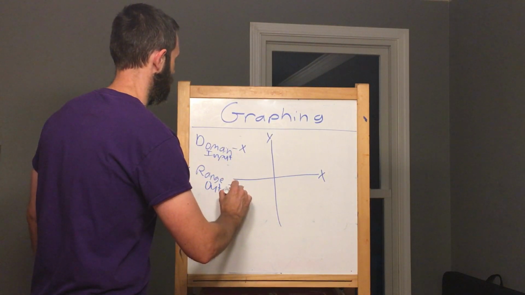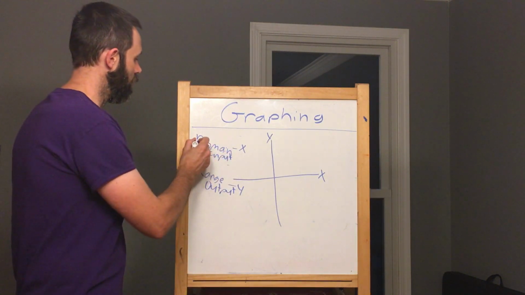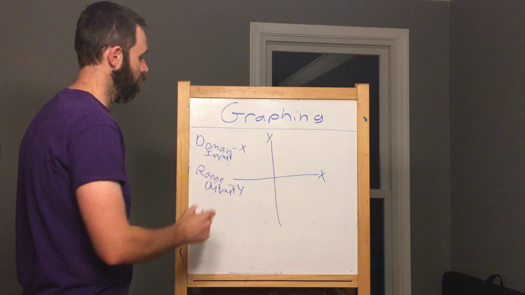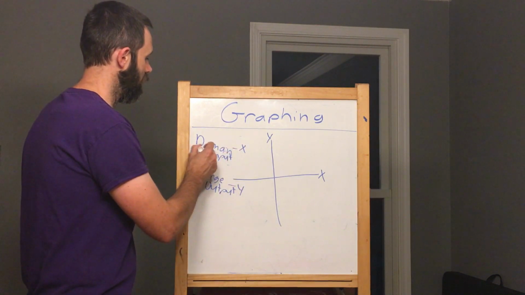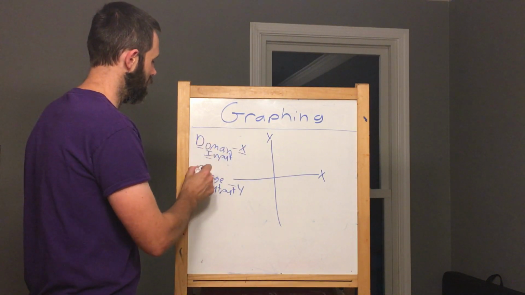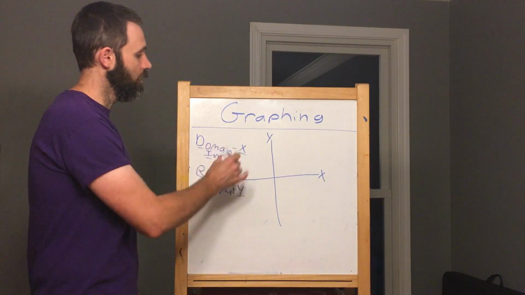Now, one way to help remember this is that this is in alphabetical order. Domain, range, DR. Input, output, IO. X, Y. So if you look at the letters, DR, IO, and XY, they correspond.